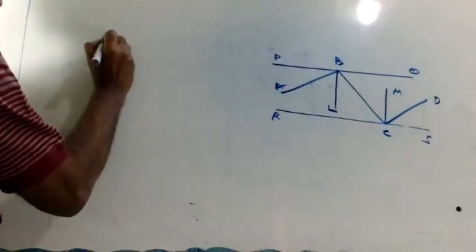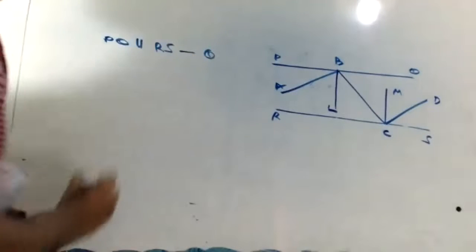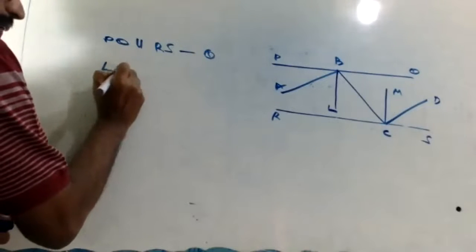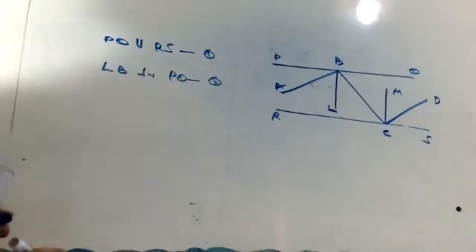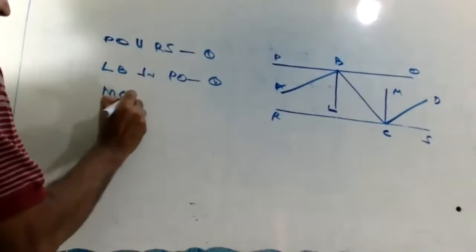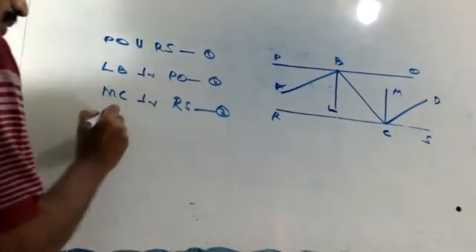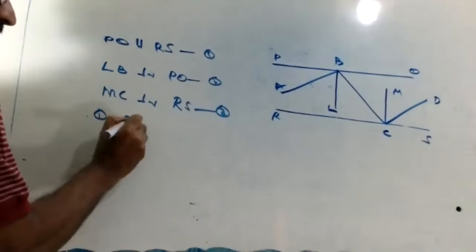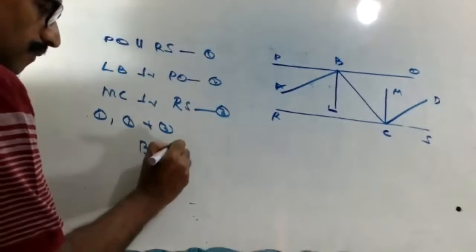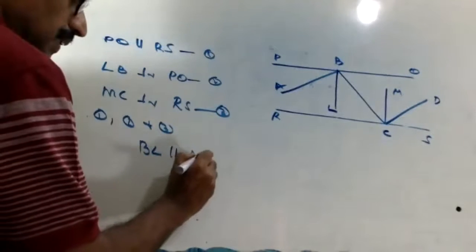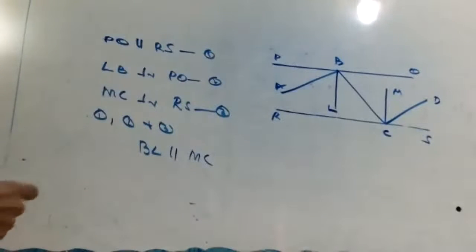PQ parallel to RS, number one. LB perpendicular to PQ, number two. MC perpendicular to RS, number three. From 1, 2, and 3, we get BL parallel to MC. Is it okay or not?